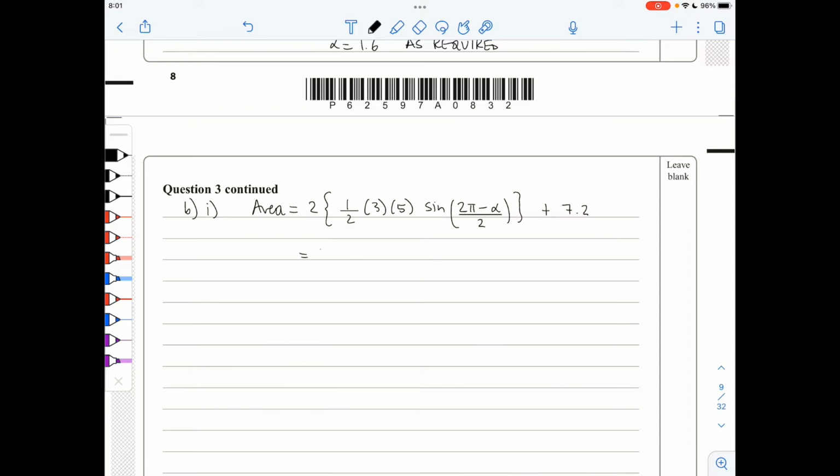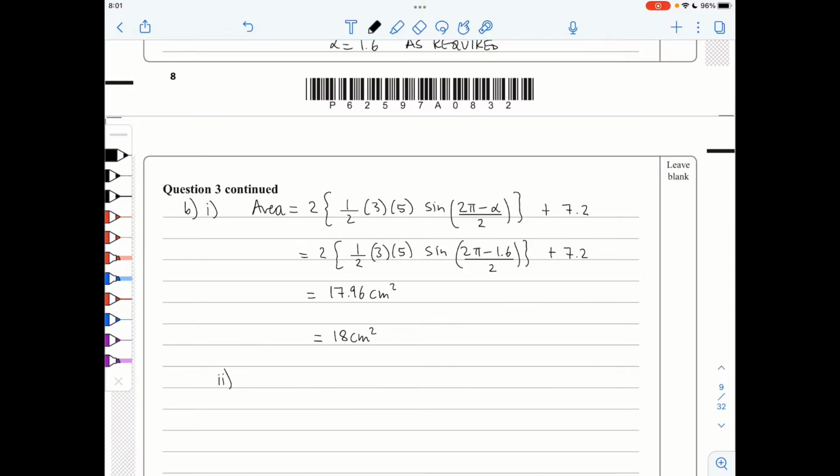Now we have found that the value for alpha is 1.6, so I will simply substitute alpha with 1.6. And this allows me to plug everything on the calculator. I get 17.96 square centimeters, which to 2 SF is simply 18 square centimeters.